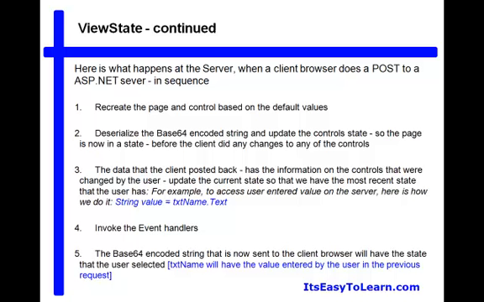In that name value pair, it knows which control had which state, so it pre-populates them to the state they were in before being sent to the client. Now number three, it looks at the client posted data.